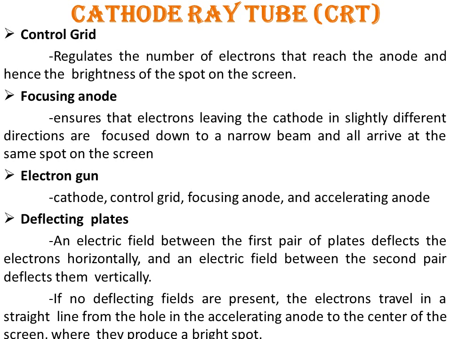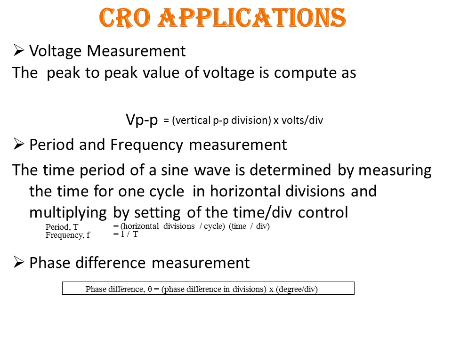If no deflecting fields are present, the electrons will travel in a straight line from the hole in the accelerating anode to the center of the screen, where they produce a bright spot, but they will not give you the input waveform. So deflecting plates play a very important role in presenting the visual display of the input waveform. So that's about the operation of the cathode ray oscilloscope.